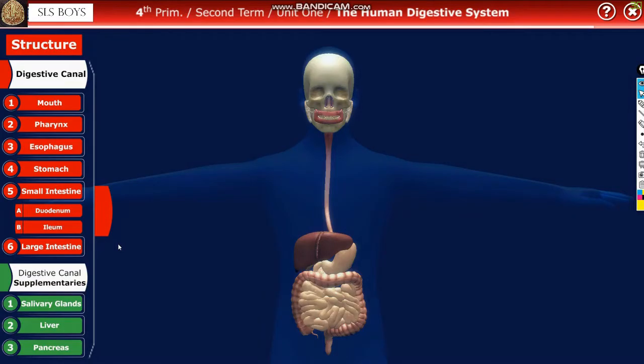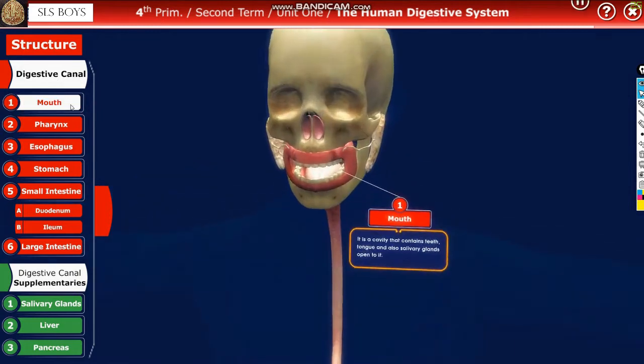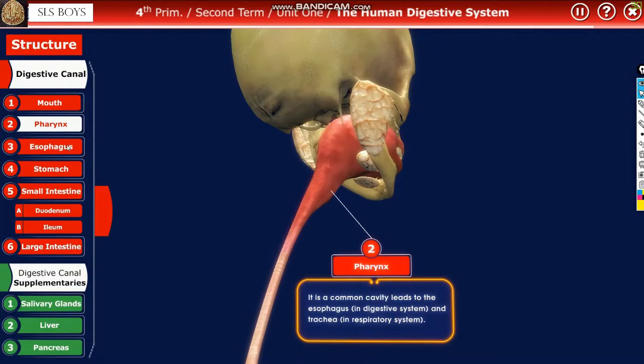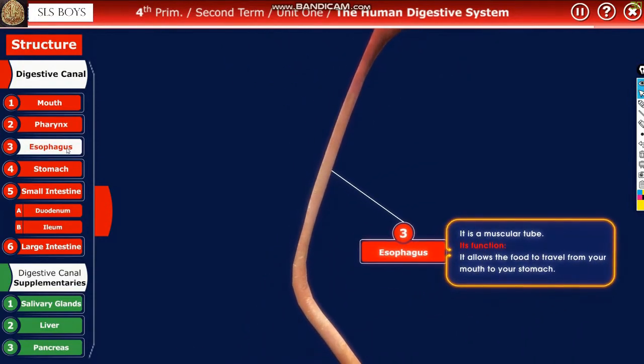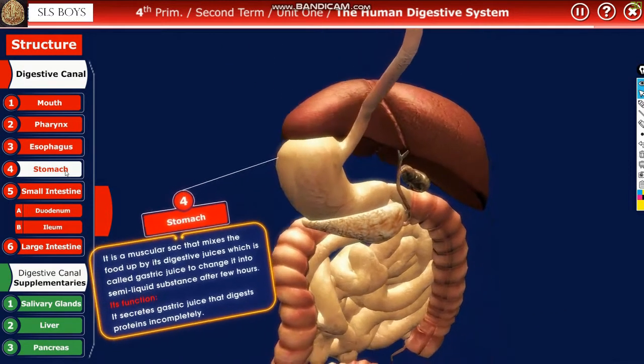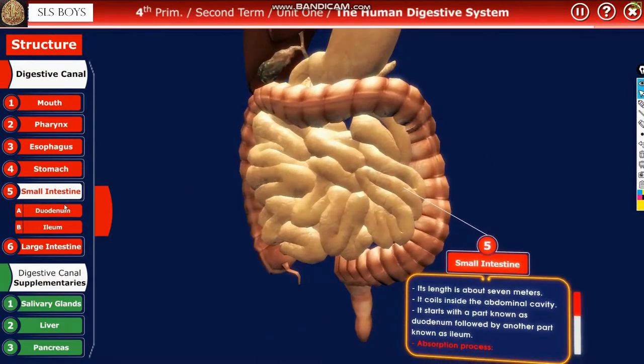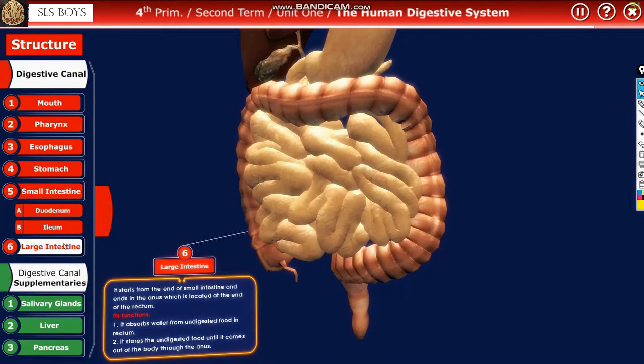This is the digestive system structure. So like I said, the digestive canal consists of the mouth, pharynx, esophagus, stomach, small intestine, and the large intestine.